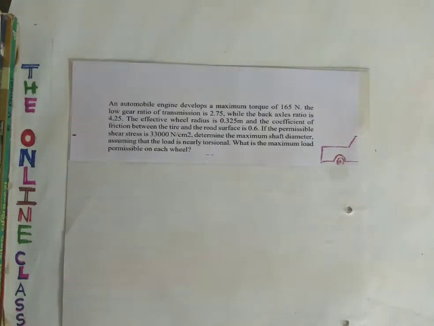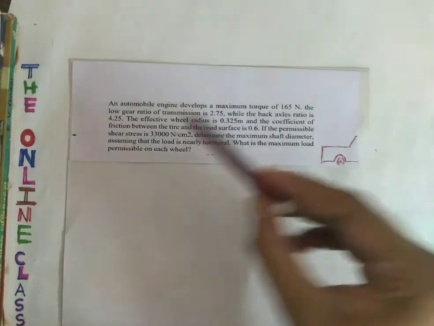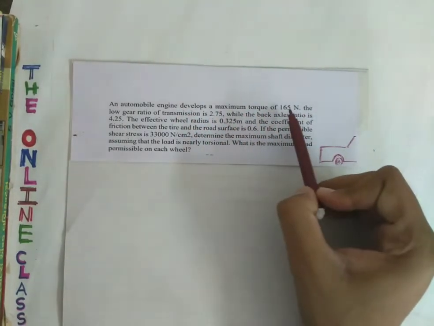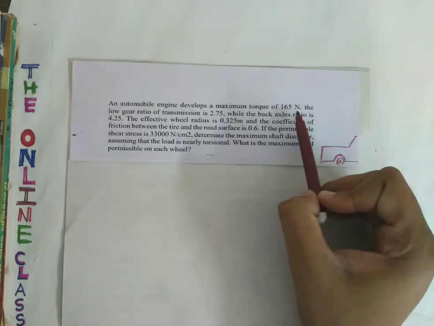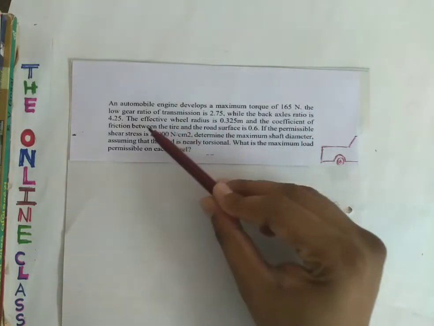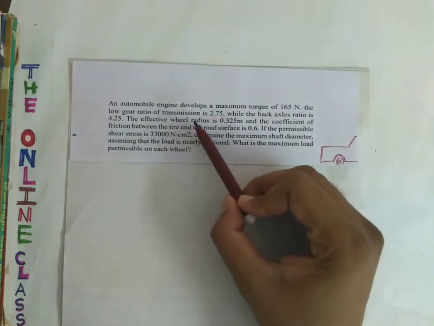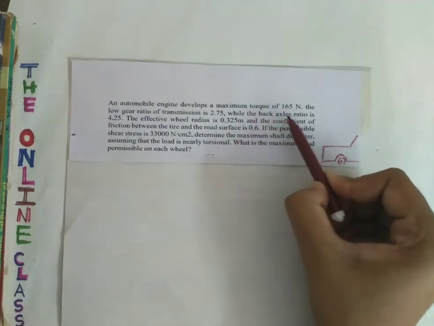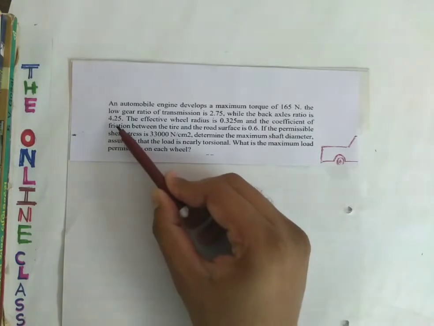Hello students, today in this video we solve another example of propeller shaft. An automobile engine develops a maximum torque of 165 Newton meter. The low gear ratio of transmission is 2.75 while the back axle ratio is 4.25.